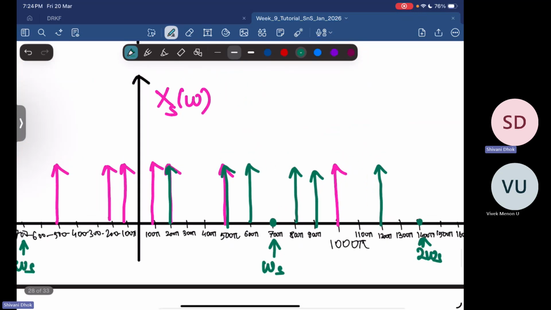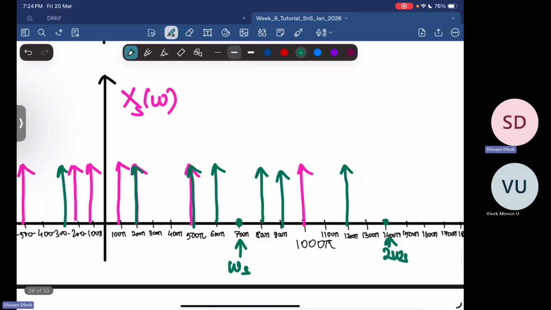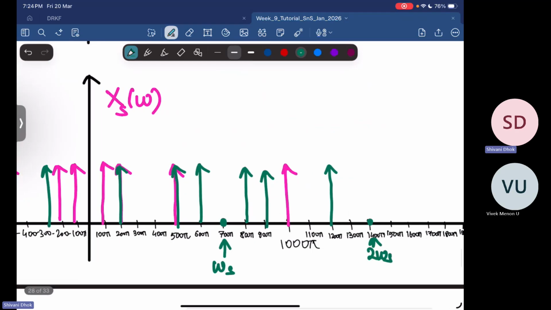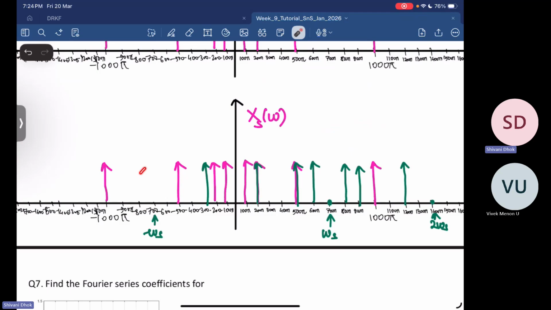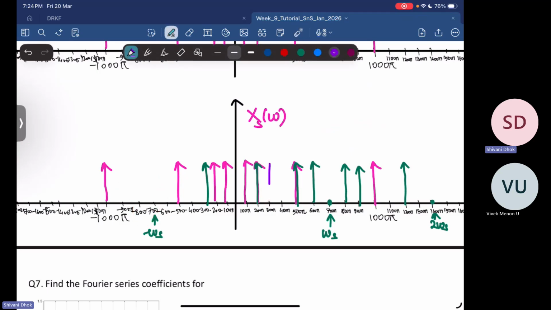And then you have 1000. So 700 minus 1000, you will get a peak at minus 300. And 700 plus 1000, you will get a peak at 1700. Okay, so this is what you have right now. Again, there will be a peak that comes from minus 700 that will be located here, like this. So from here you will get like this.